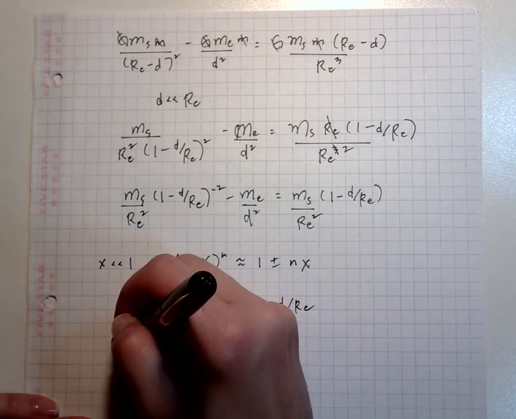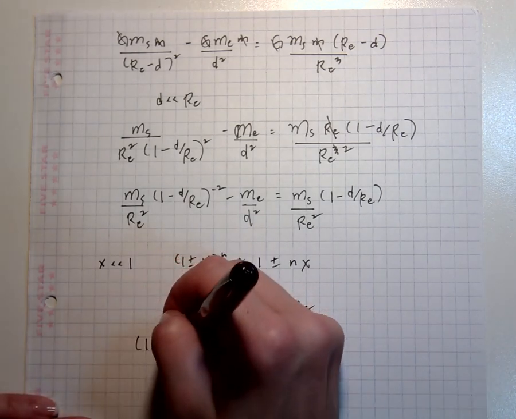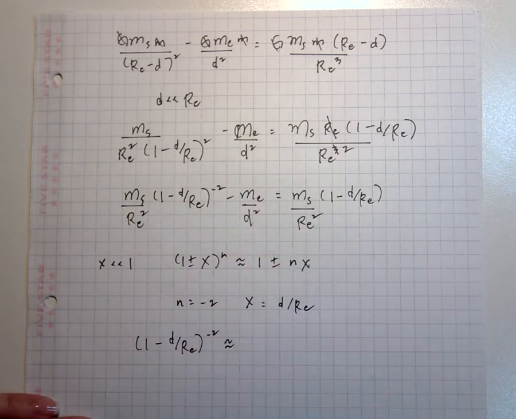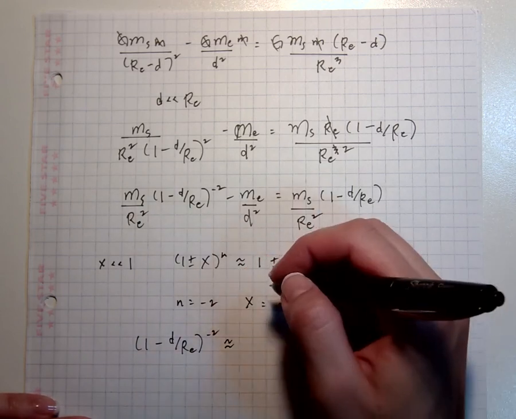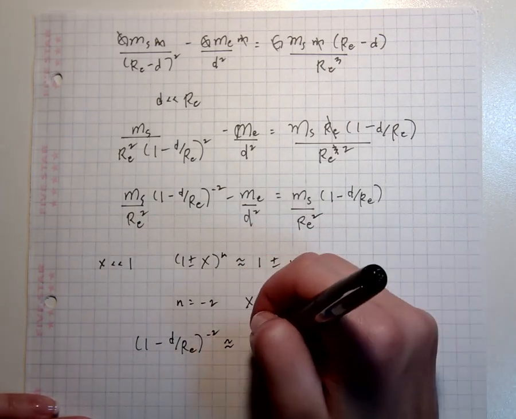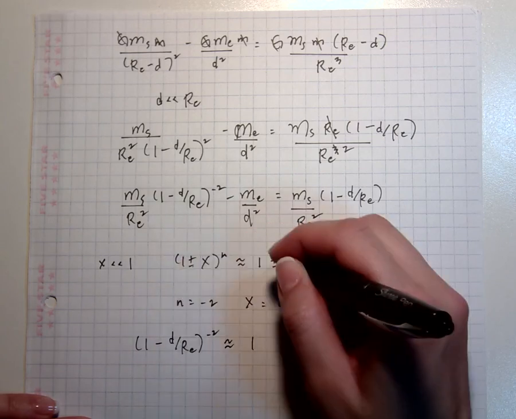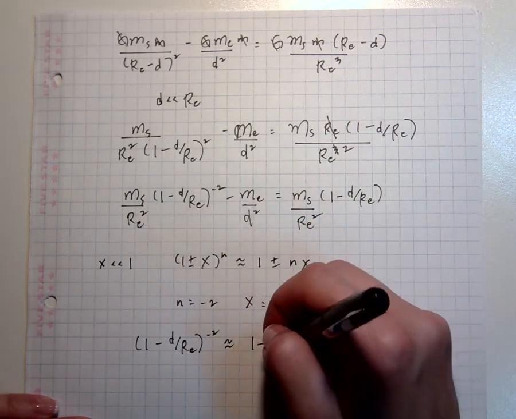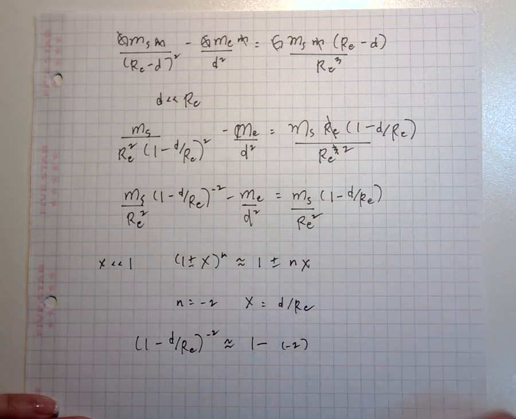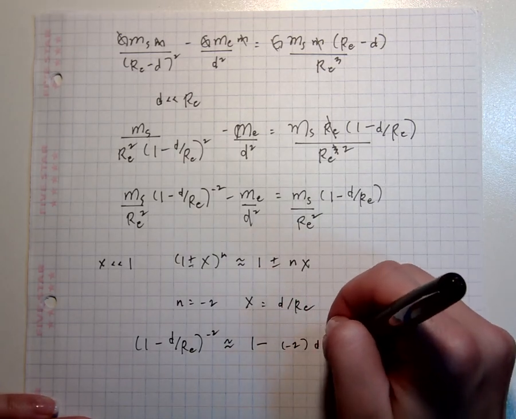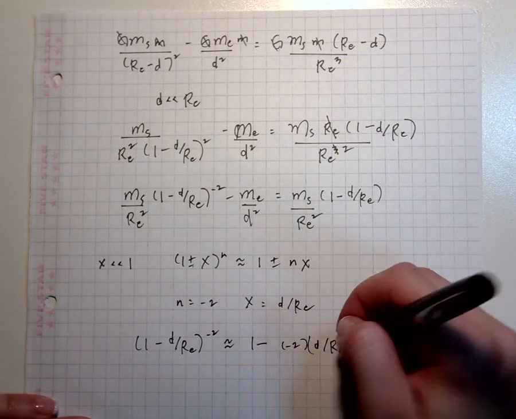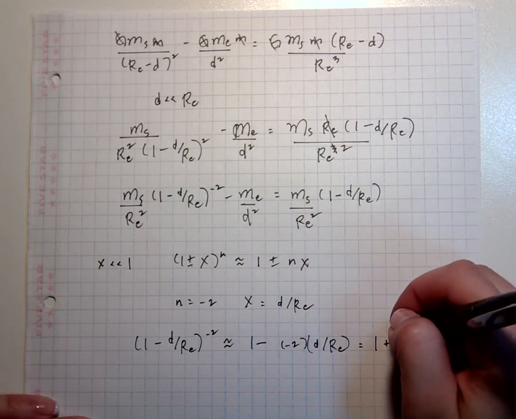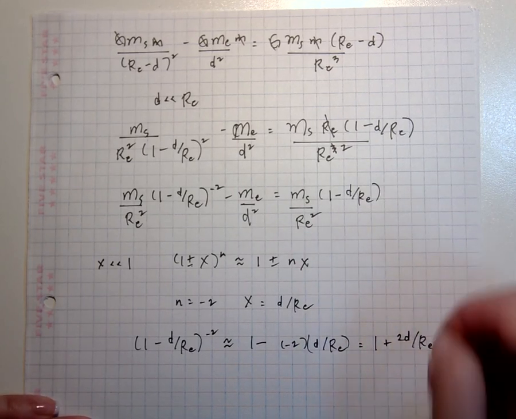So let's rewrite it. 1 minus d over r sub e to the negative 2 is approximately equal to 1, and then we're going to pick the minus, and there's a negative 2 for n, then d over r sub e is our x, so that is equal to 1 plus 2d over r sub e.